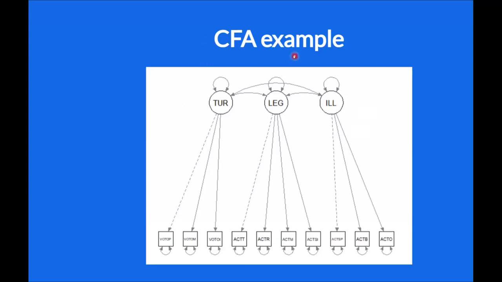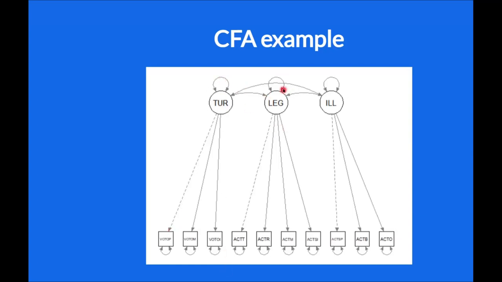Okay, the first is the example of CFA. I will estimate this model. This is the visual representation of the model. It's a three-dimensional model of citizen participation, youth citizen participation. This is turnout, TUR, or voting behavior, or intention to vote behavior, based on three indicators.